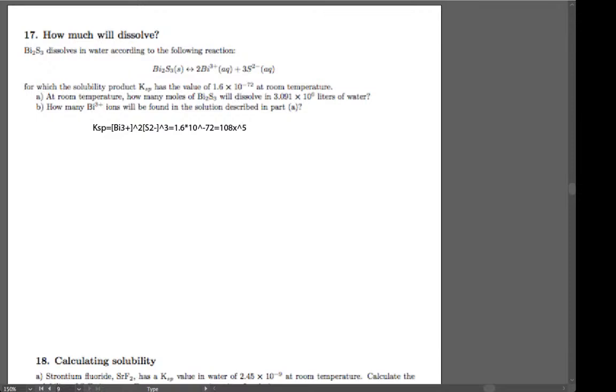So we can just try it out: 1.6 times 10 to the power of negative 72 divided by 108. Wow, that's a very small number. Are you sure?